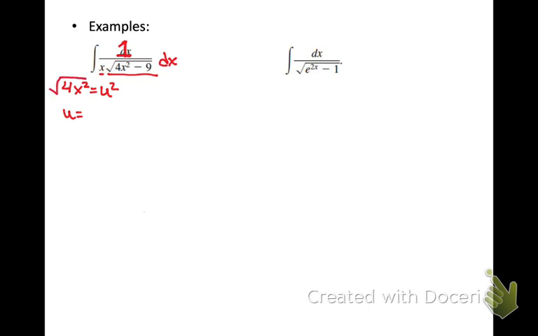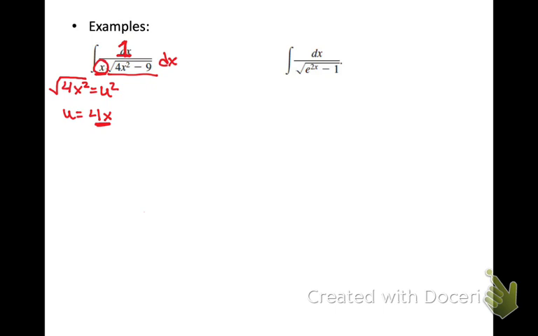So what is the square root of 4x squared? 4x. So we're missing a what? On the u, what are we missing? This is u, but this is what we said u is. What are we missing? A 4.